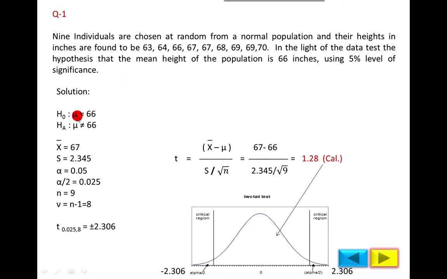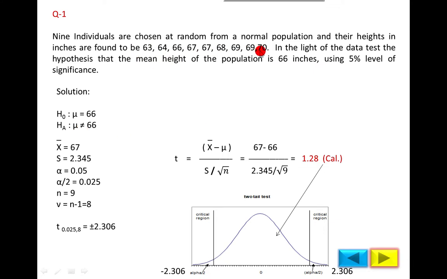So for the null hypothesis, this word indicates the mean height is 66 inches. Test the hypothesis indicates H naught, the null hypothesis: population mean mu is equal to 66 inches. Alternate is not given in this question, so alternate will automatically be not equal to.